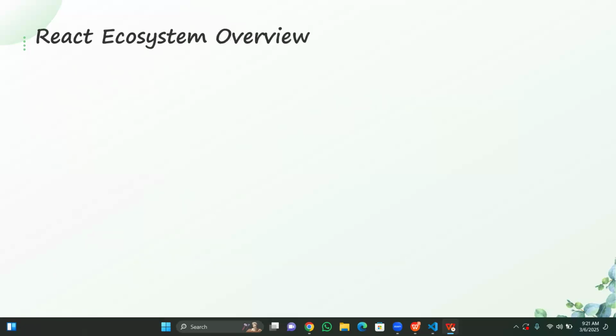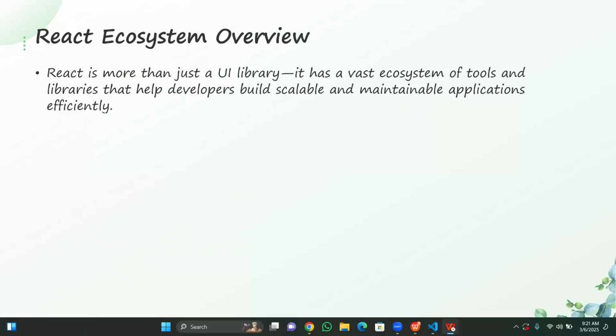Now let's talk about the React ecosystem. React is more than just a UI library. React has a vast ecosystem of tools and libraries that help developers build scalable and maintainable applications efficiently. You already know that React on its own is not enough to build a full web application.